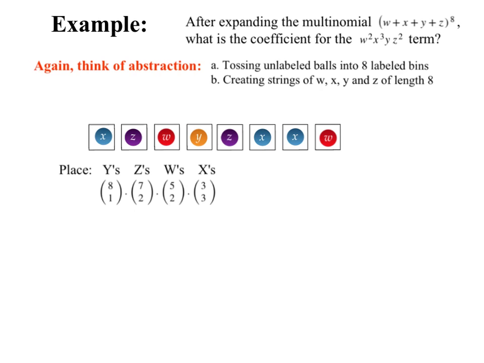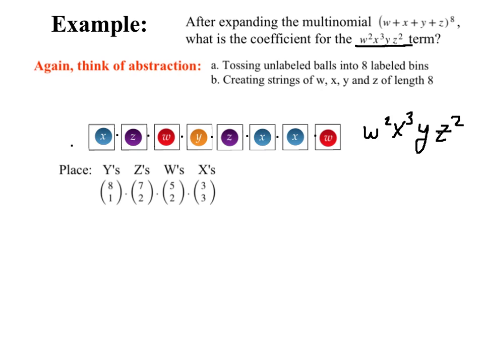Now, again, recognize that if we think about it really as this times this times this times this and so on, this times that, times that, times that, all the way down the line, we would in fact have w squared, x cubed, y, and z squared.